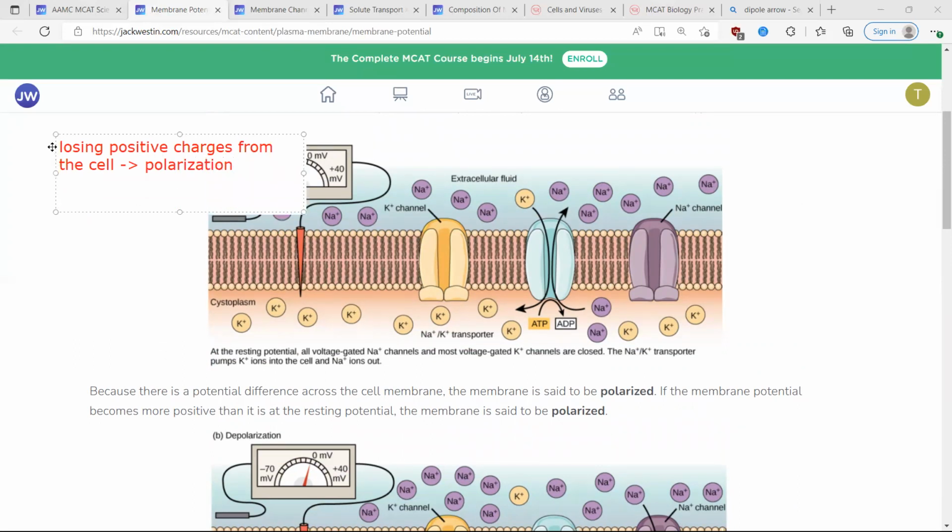So doing what would lead to depolarization? If losing positive charges from the cell leads to polarization, then gaining positive charges to the cell leads to depolarization.